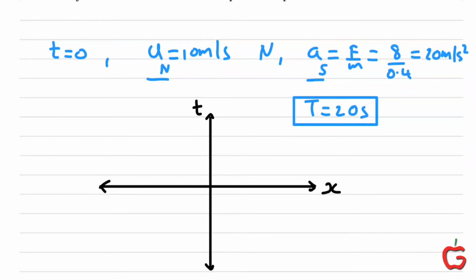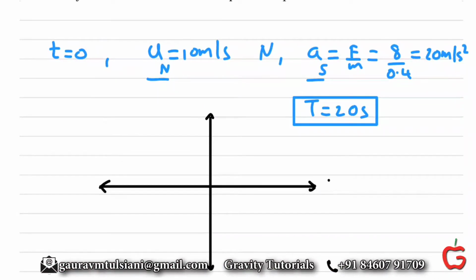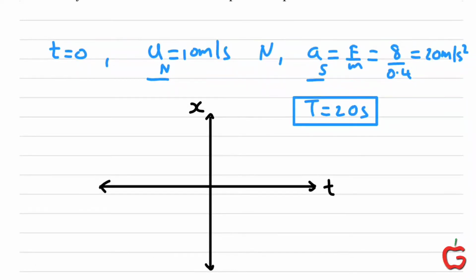I mean, okay, this is not usual. But anyways, that's not important. So I'll take the usual thing. So this is the xt graph. Okay. So at time t equals to 0, the body starts experiencing force. But before that also the body was moving with 10 meter per second.